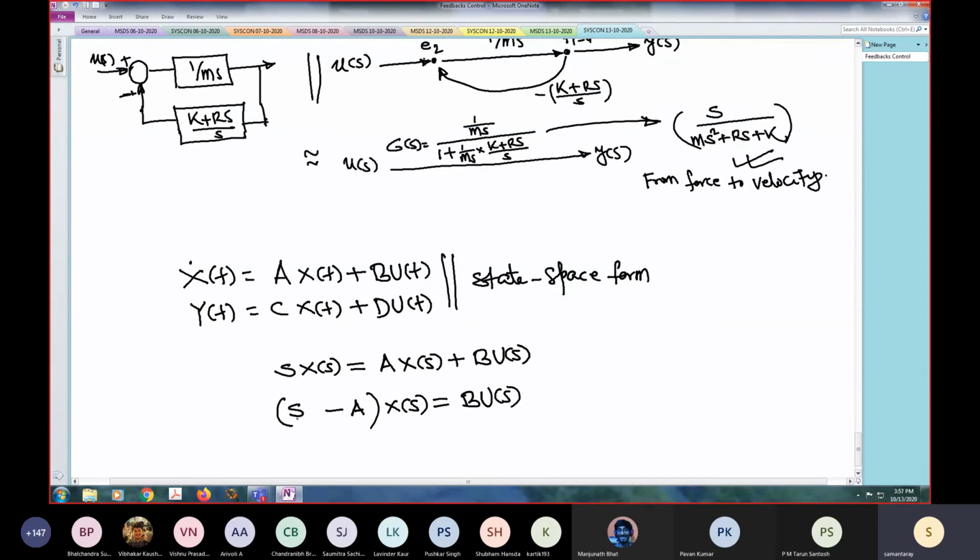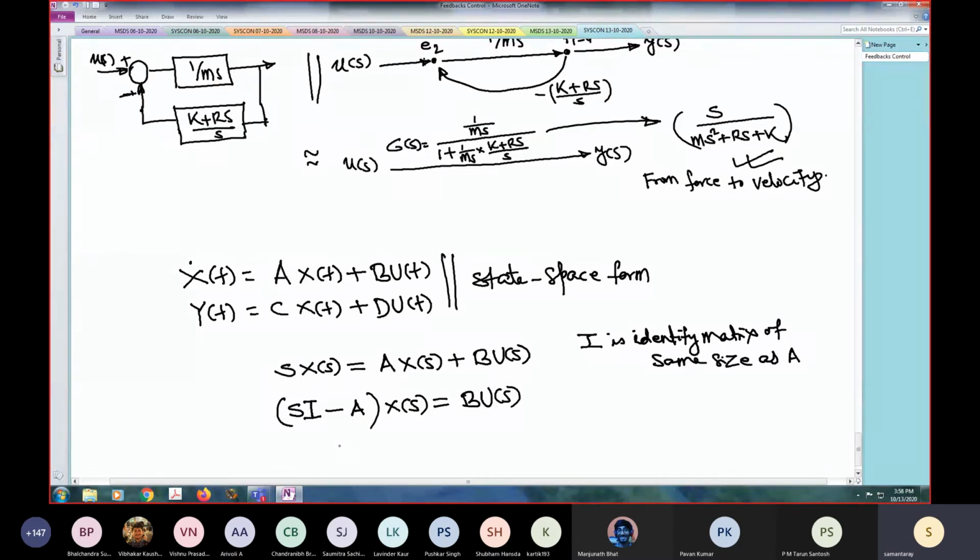S is a Laplace variable. S minus A I cannot do. We cannot have something like S minus A. So what we have to do? We have to introduce an identity matrix. I is the identity matrix of the same size as A. So it's a square identity matrix. So SI minus A Xs is equal to B Us.